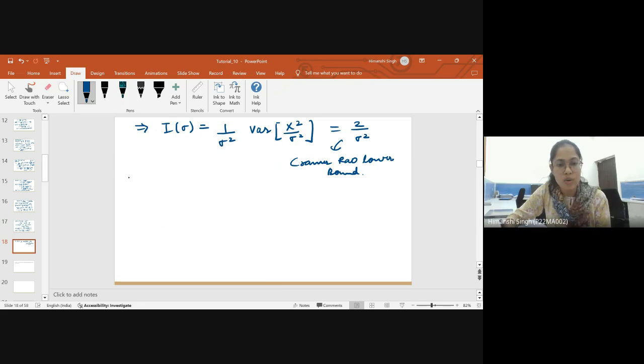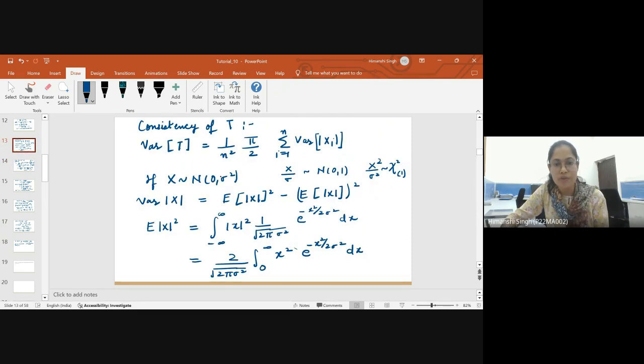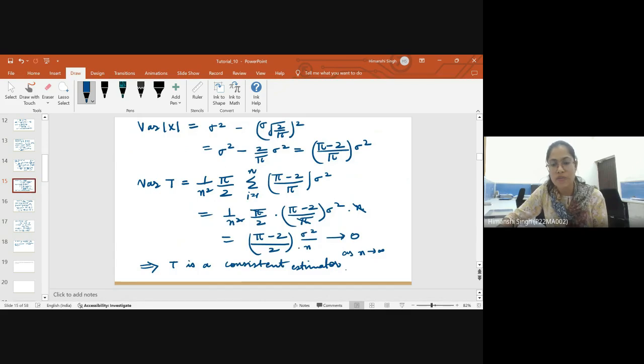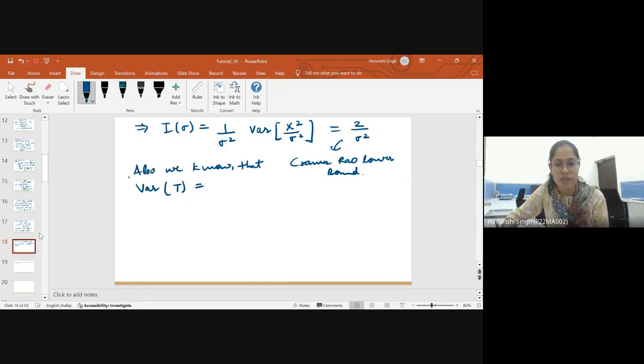Okay, and also we know that the variance of t, which we have calculated, is pi minus 2 by 2 into sigma square by n. So this is the variance of t, and now the Cramer-Rao lower bound.